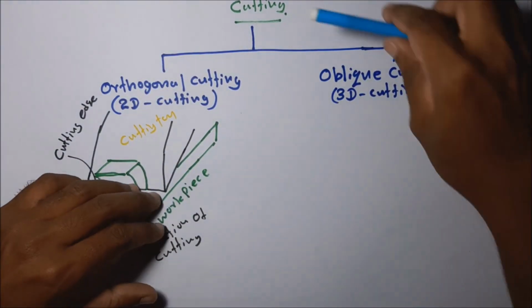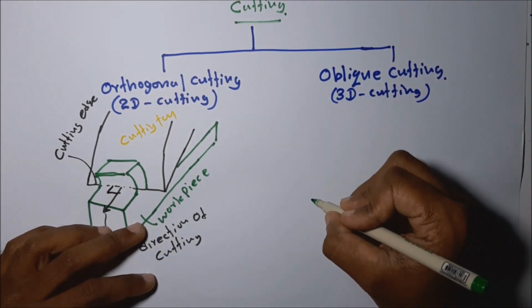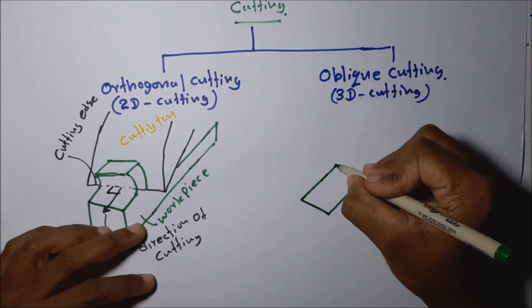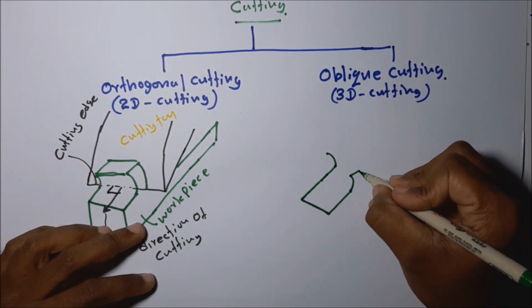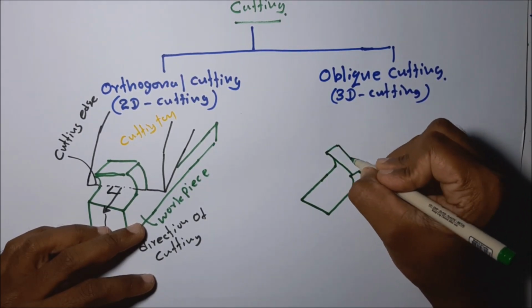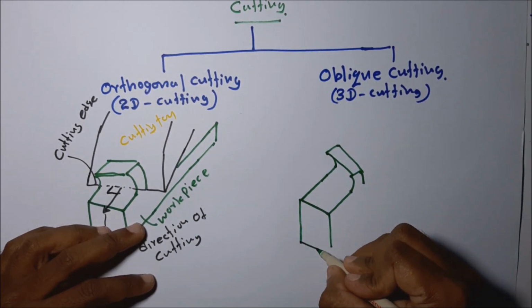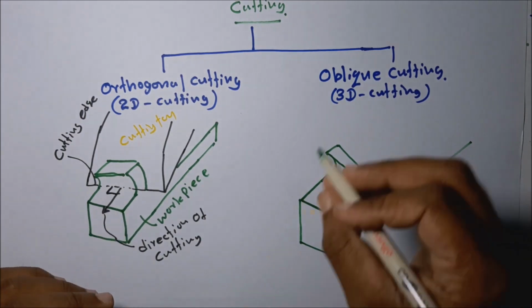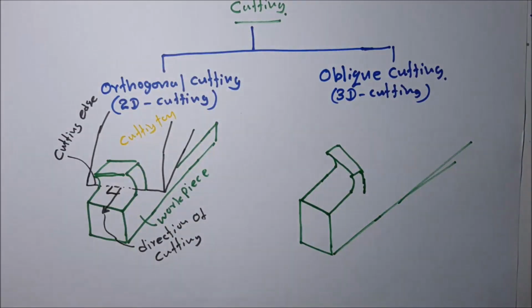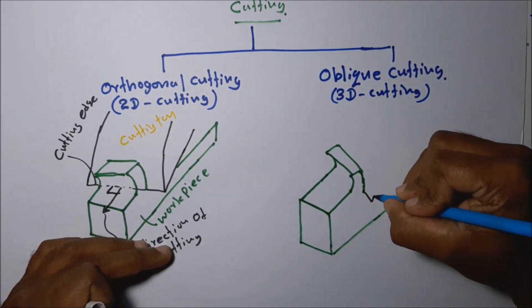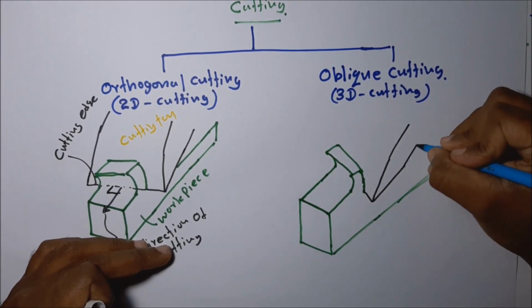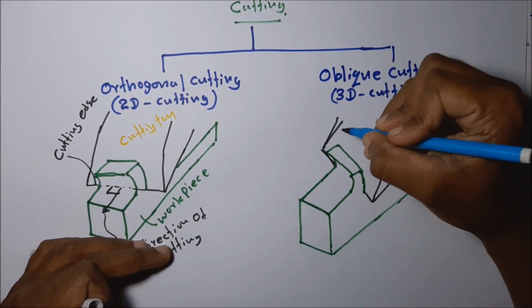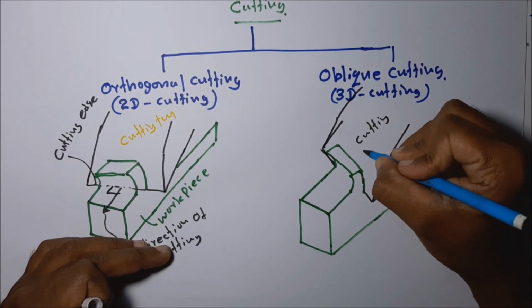Now let's see the oblique cutting operation, cutting edge at an angle to the direction of cutting. This is the cutting tool.